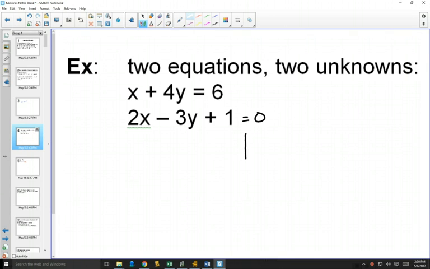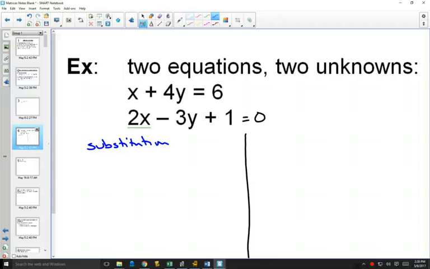So I'll split the page here in half. If you want to use the technique of substitution, then you had to get one of the variables by itself. Usually you looked at both equations and you decided, what's the easiest to get by itself? Is it easy to get x equals or y equals? Sometimes they're both equally easy, but in this one, I think one is easier than the other.